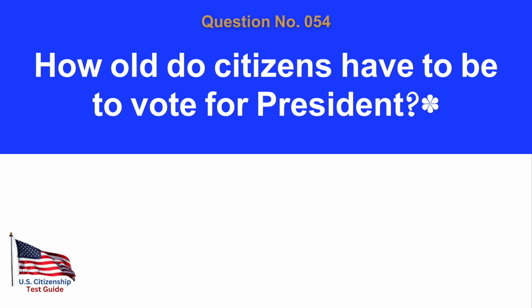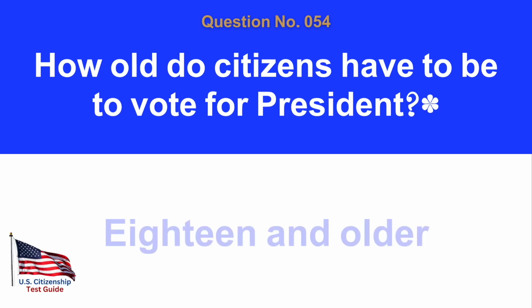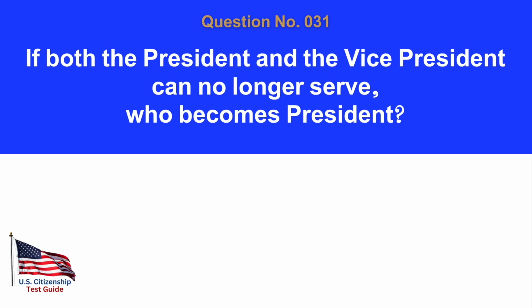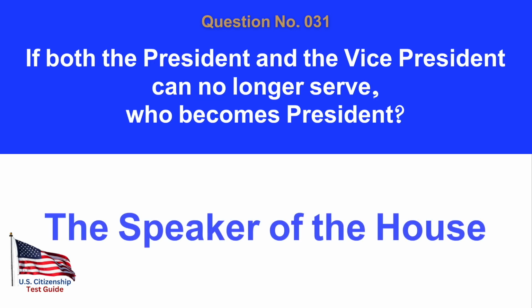How old do citizens have to be to vote for president? 18 and older. If both the president and the vice president can no longer serve, who becomes president? The Speaker of the House.